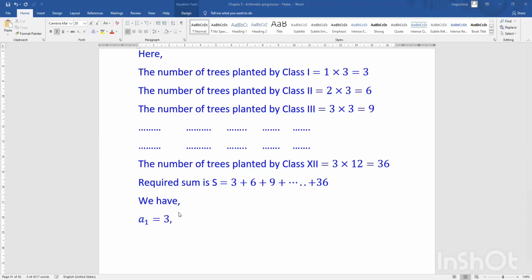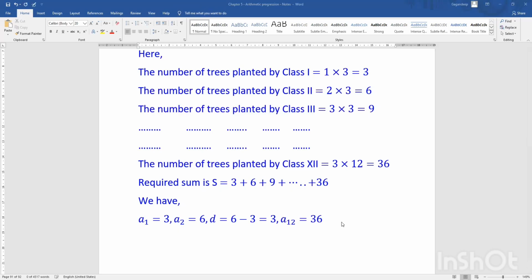Then we have A2 is 6. And then we have D equals 6 minus 3, which is equal to 3. And then A12 is equal to 36.